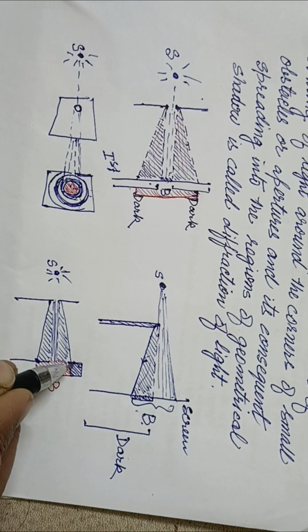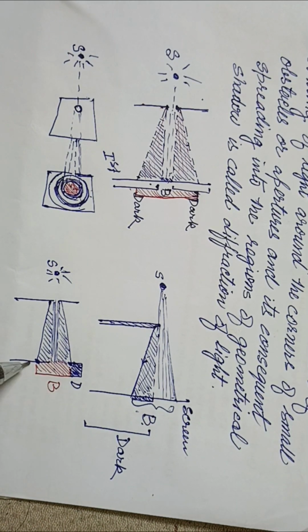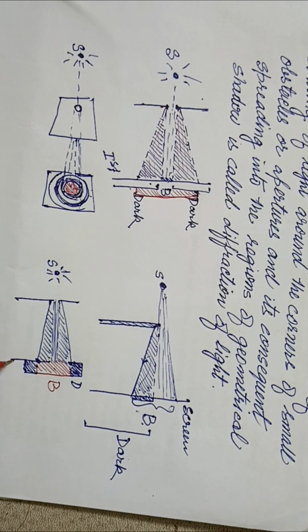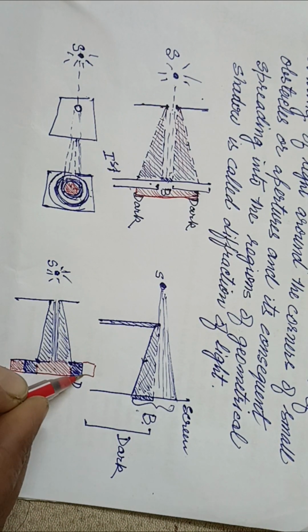Then this is the dark patch on both sides, and after that, again you will get a bright patch of fringe on both sides like this.